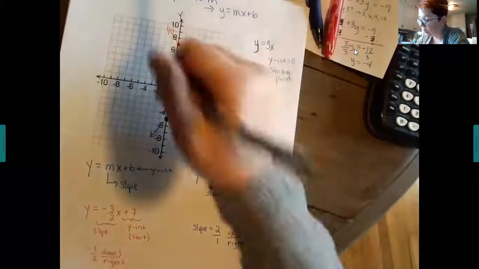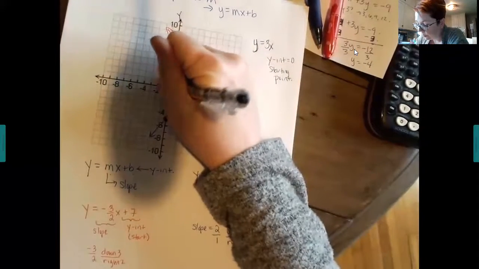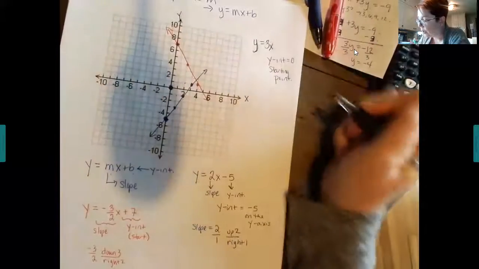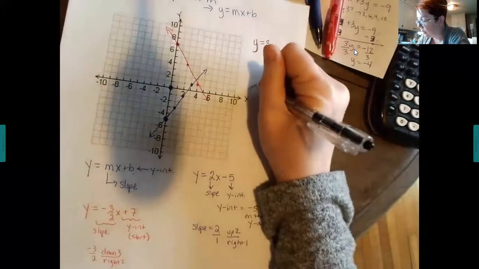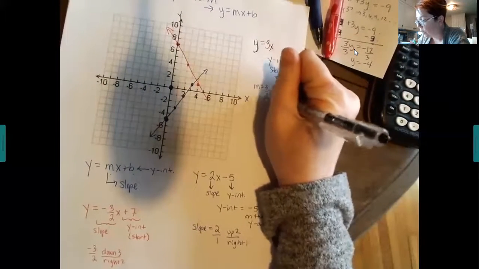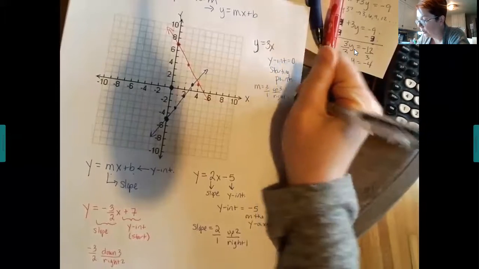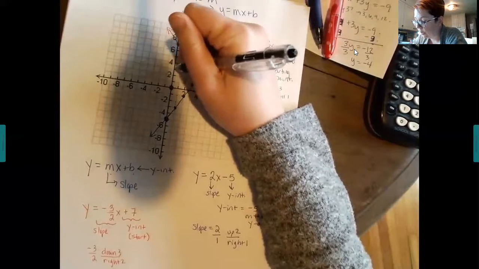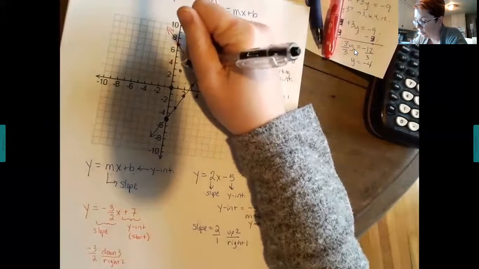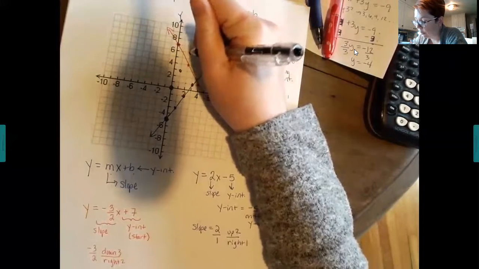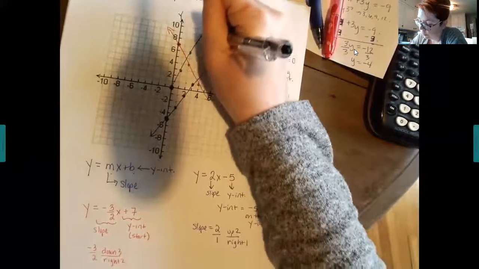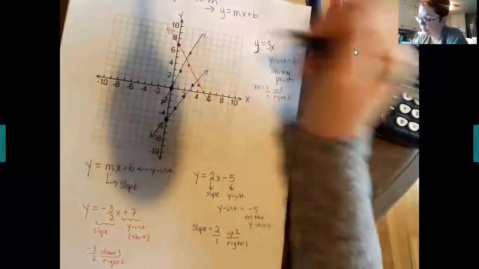So that means we're going to start right here at 0. And then with a slope of 3, that means we're going to go up 3, right 1. We're going to go up 1, 2, 3, right 1. 1, 2, 3, right 1. There we go. Okay.